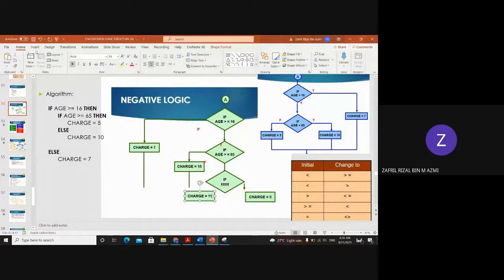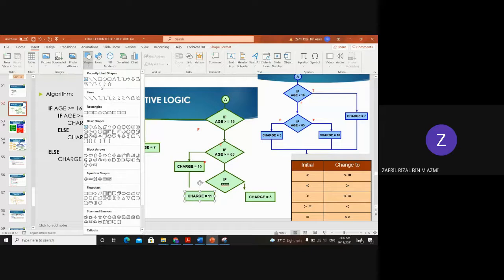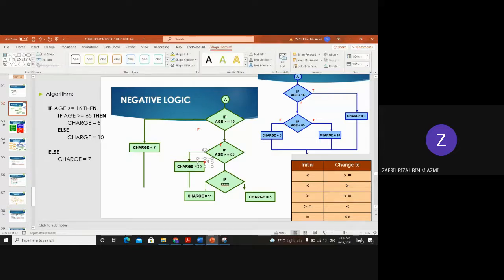Okay, like this. So how do you want to write the algorithm? False, and this is false. Then we have false.